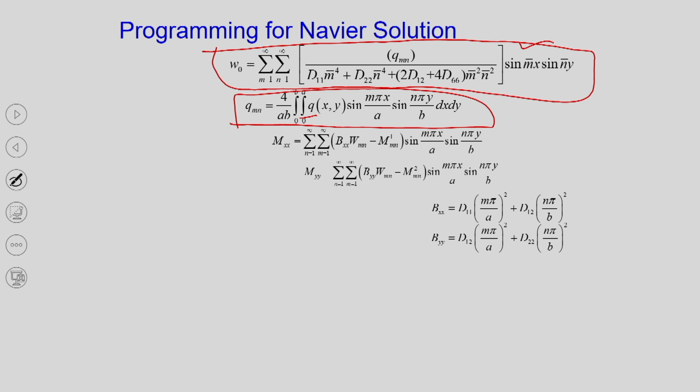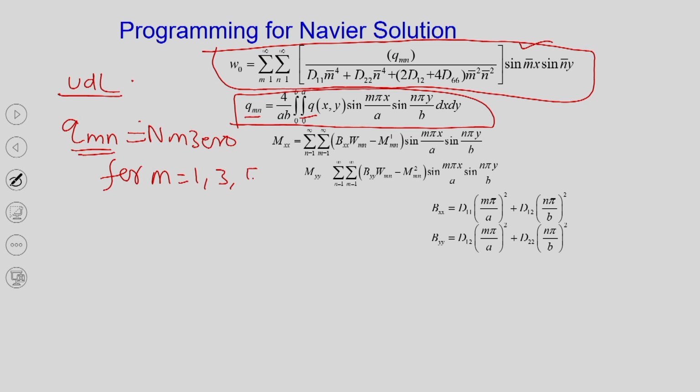If you substitute this Q_mn there and take the summation of this, it will give you the deflection of a plate under bending. The very first question my student asked: for a UDL, uniformly distributed load, Q_mn comes non-zero for m equal to 1, 3 and 5, and n also 1, 3 and 5 and so on. But how will you evaluate this?